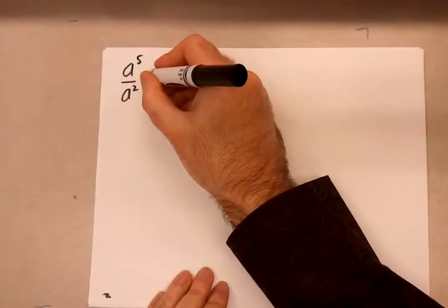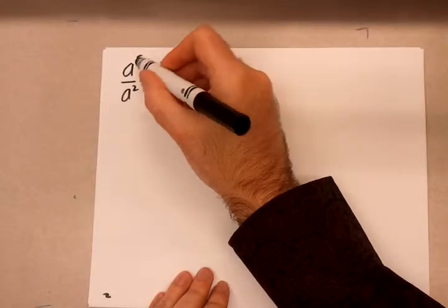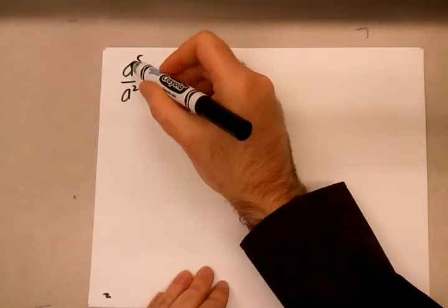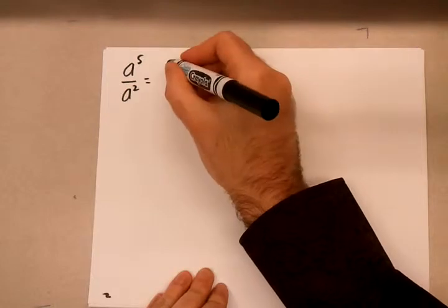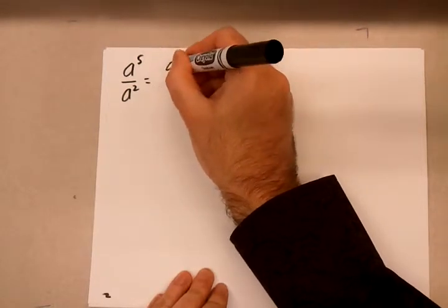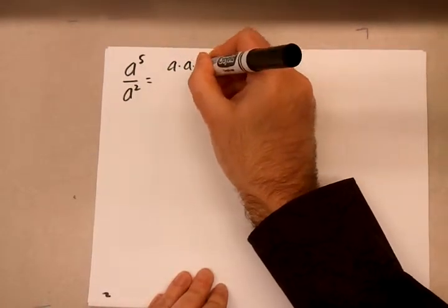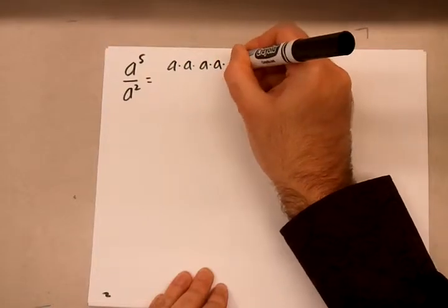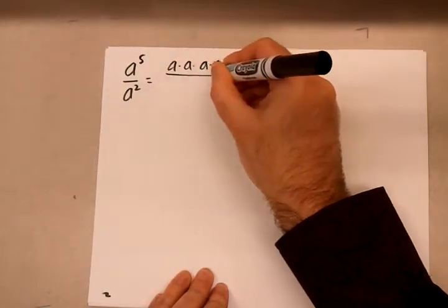So here we have a quotient. We have a pair of exponential forms being divided. A to the fifth divided by a to the second. So one way that we can write this out is a to the fifth means multiply a against itself 5 times. So a times a times a times a times a.